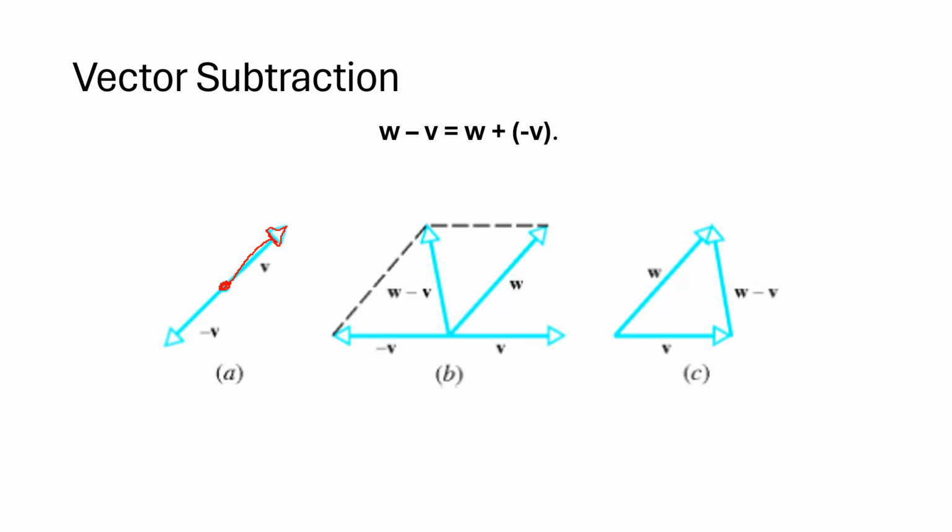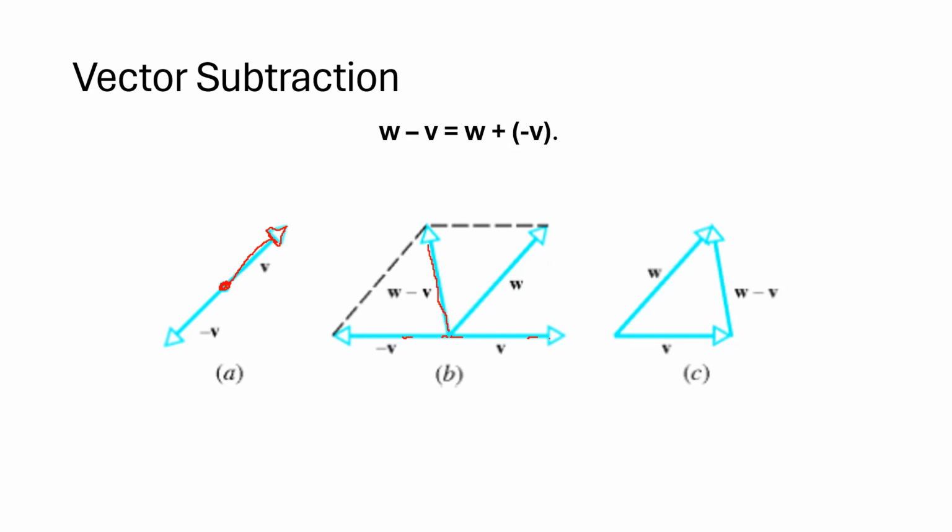So if you have the w, and this is the v, and the opposite of v is this one, then this is your w minus v.